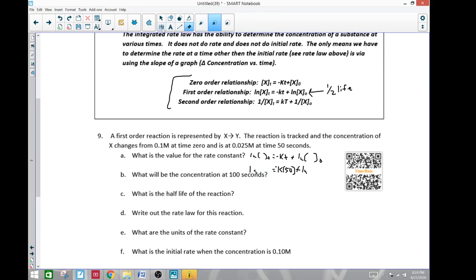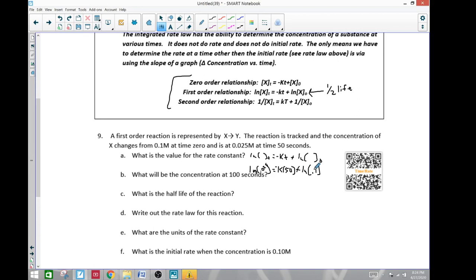All right, so now we got it. At time t, the natural log of the concentration at time t is 0.025, and this is the natural log of 0.1. All right, now let's do this math again.